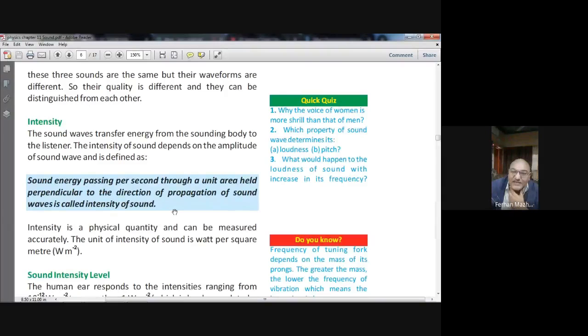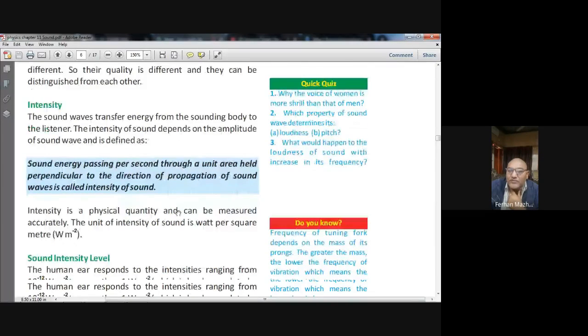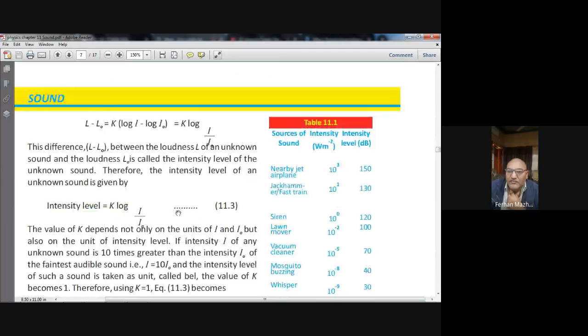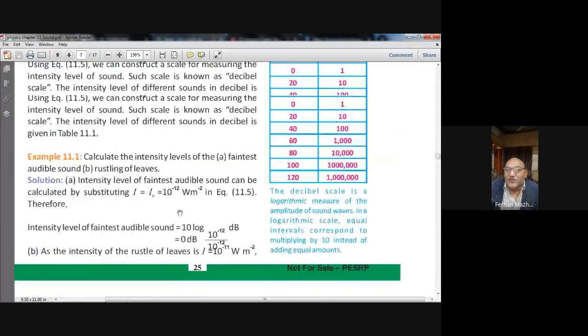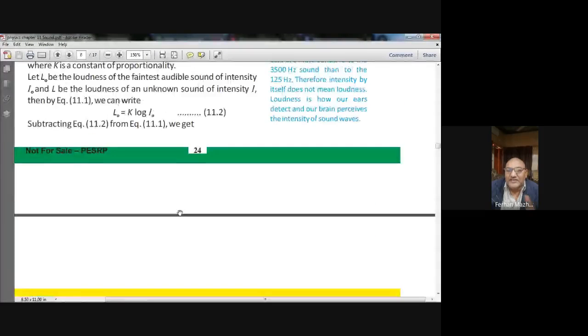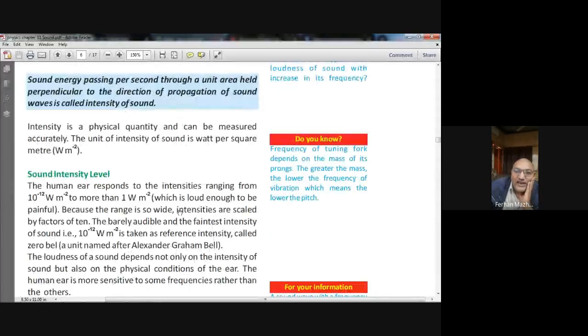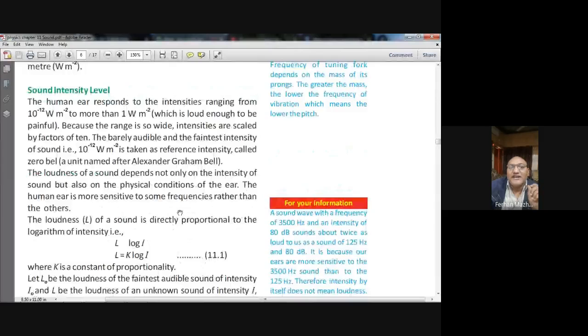So that's it for the characteristics of sound. Another important characteristic was this one, but unfortunately it is not in your syllabus: sound intensity level. For that, we have the unit decibel.